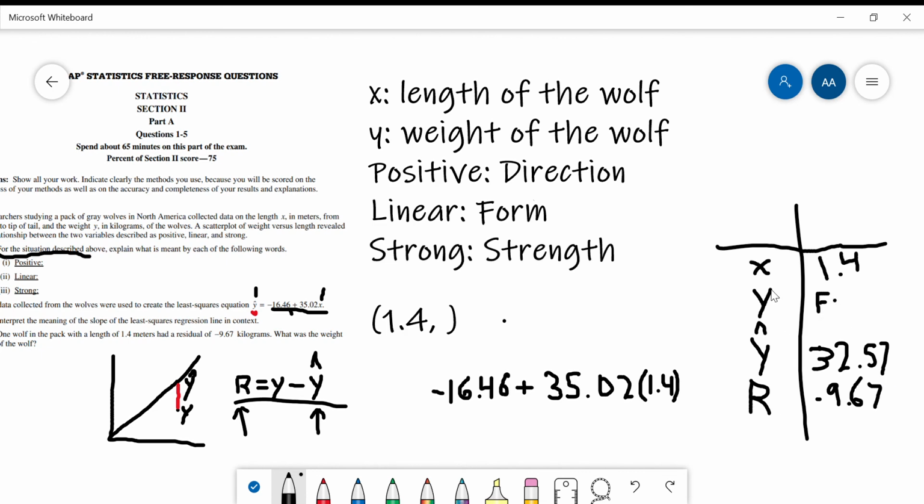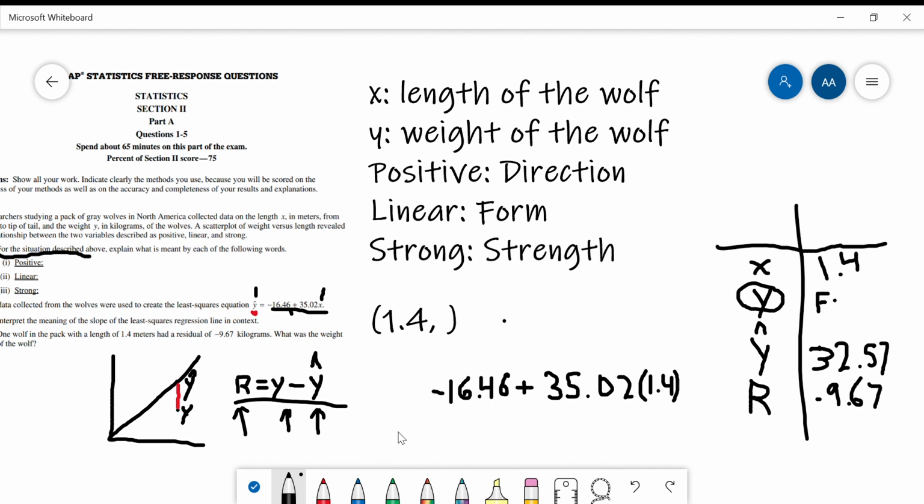Now how do we find this value? Because this is eventually what we need to find. We didn't want to find y hat, but we needed to, because we can use the residual equation, which I'm pointing to for a third time. We can use the y hat and the residual and solve for y.